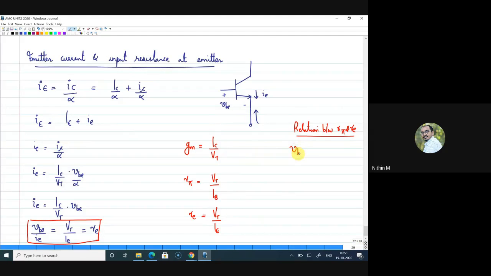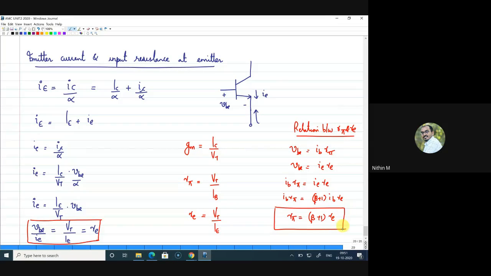Small VBE is equal to IB into R pi, and VBE can also be written as ie into re. So that means IB into R pi is equal to ie into re, or this IB into R pi can be written as beta plus 1 into IB into re, or I can say R pi is equal to beta plus 1 into re. This is one more relation.